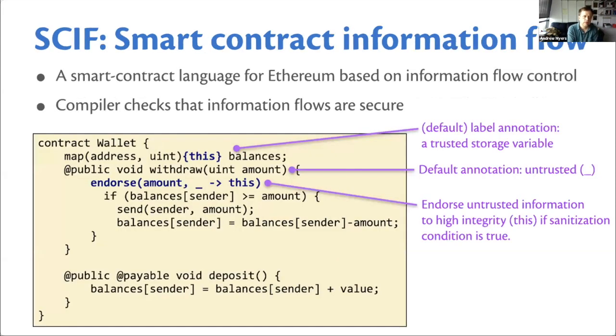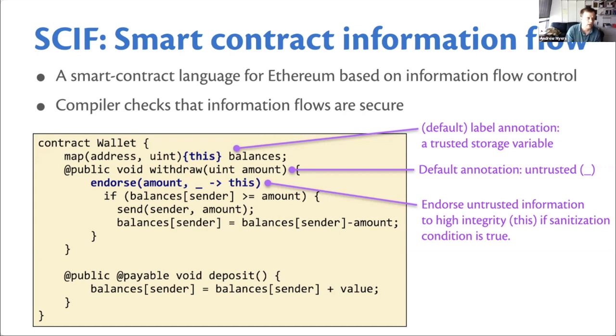So here's an example of some code from a programming language that we've been developing for smart contracts that we're calling SCIF, which stands for Smart Contract Information Flow. This is a language which looks like other smart contract programming languages, but the compiler is going to check ahead of time that the information flows that arise in the code are secure.